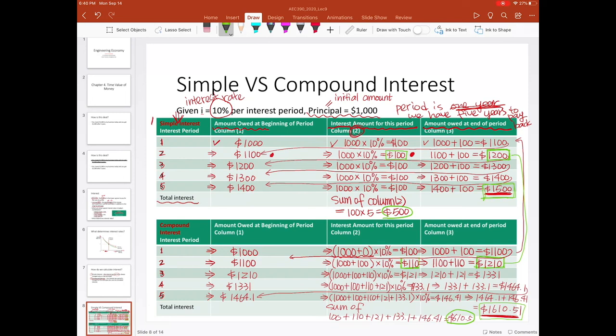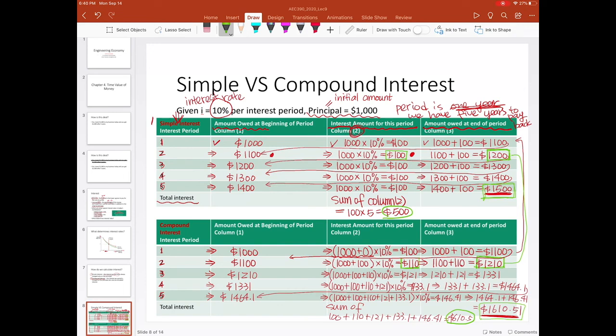Okay, I hope that you can follow this calculation. Yeah, I know it's repetitive, but repeating this process will make you understand the difference between the simple interest and the compound interest, and that will give you a better foundation for the future concept and the formulas.